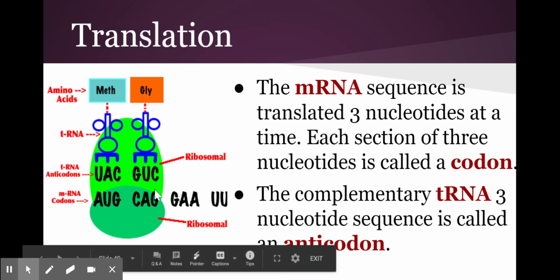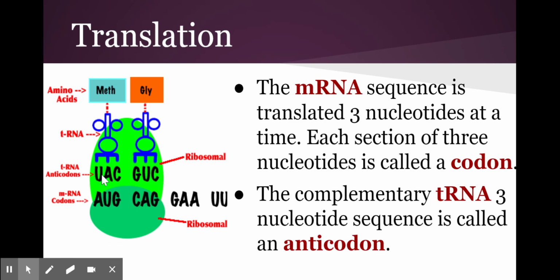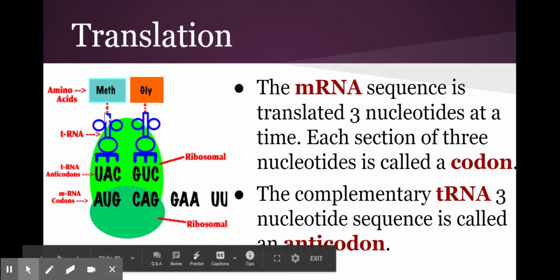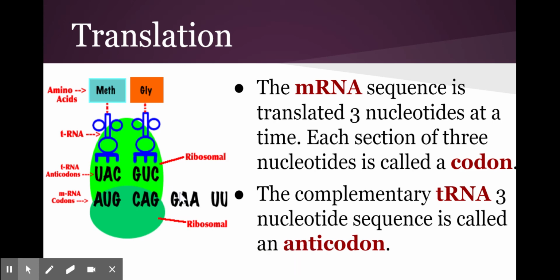As soon as this AUG sequence pulls up to this ribosome, the cell is essentially going to take this out of the cytoplasm, realize that this UAC pairs up perfectly right here through bonding. They're going to know that methionine is the first amino acid that needs to get built. And then the mRNA is just going to slide.